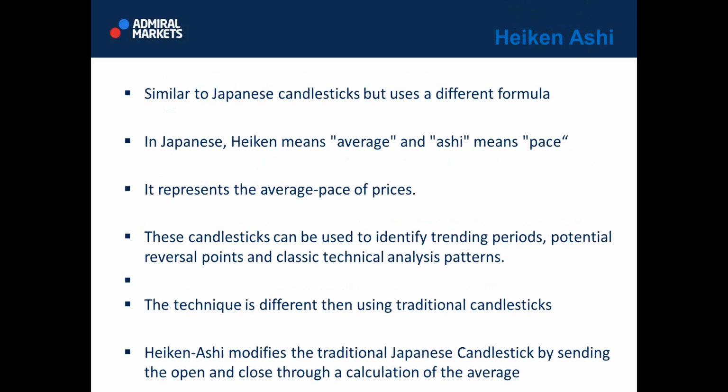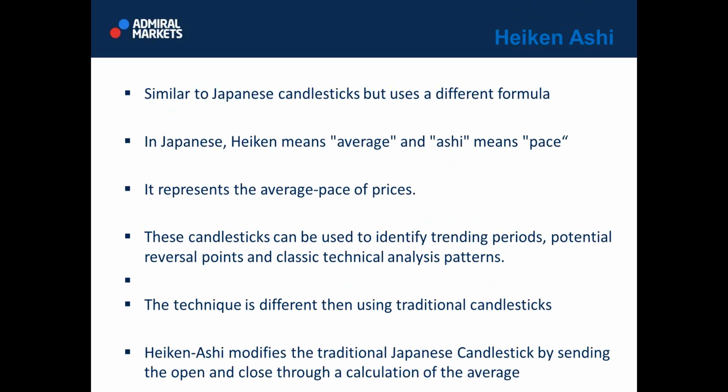Similar to Japanese candlesticks, we have Heiken-Ashi, very similar to Japanese candlesticks, but they use a slightly modified formula. In Japanese, Heiken means average, and Ashi means pace. So Heiken-Ashi represents the average pace of prices. These candlestick patterns can be used to identify trending periods, potential reversal points, and classic technical analysis patterns.